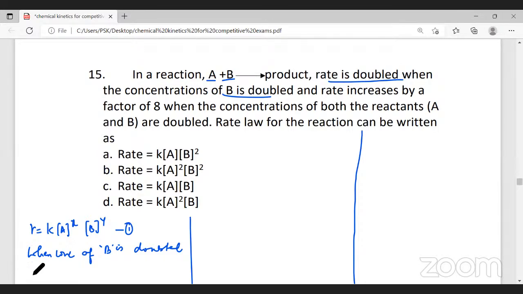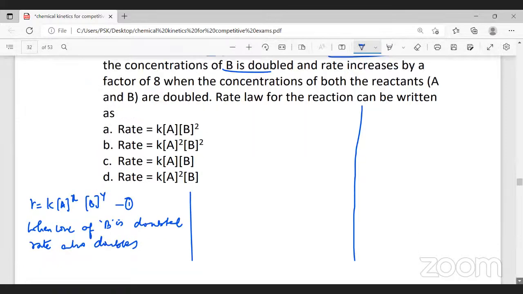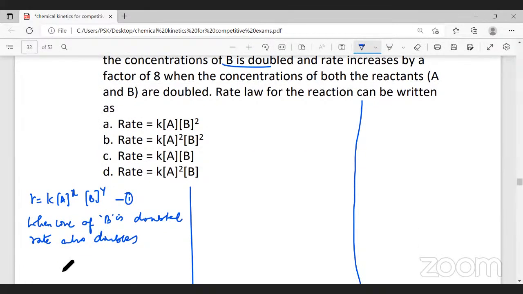So we can write R1 is equal to K into concentration of A to the power X into 2B to the power Y, that is equal to 2R. We will mark this as equation number 2.